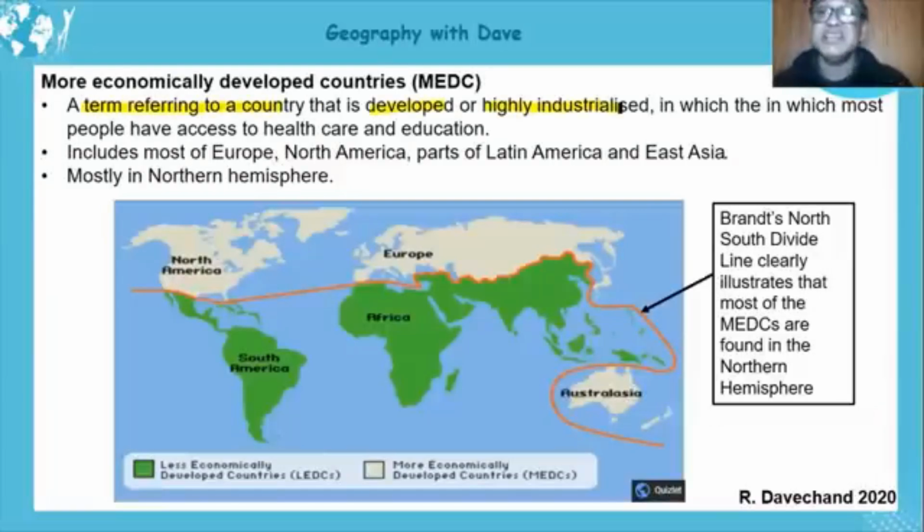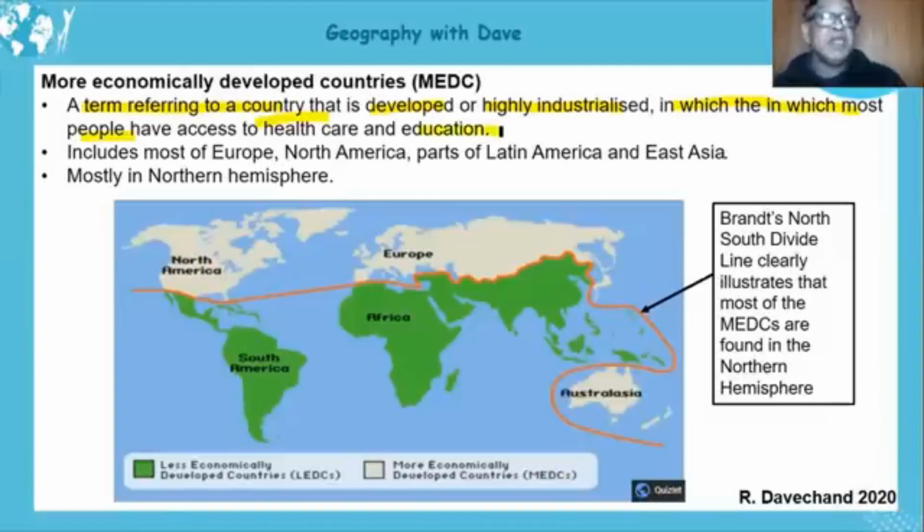Lots of technology use, tertiary activities, factories, whatever, but it's not so dependent on the primary sector, although the primary sector is important. They process their goods, sell them at higher prices, make big money, and in these countries most people have access to healthcare and education, etc.